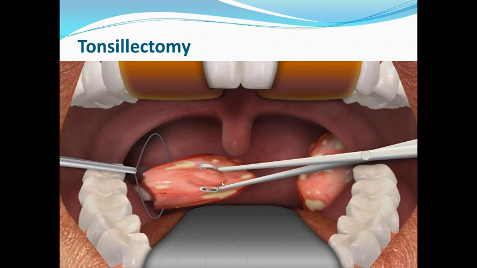So to get rid of that dysphagia, there is a surgical intervention in which we remove the infected tonsils. Complete removal of the infected or enlarged tonsils is called tonsillectomy. Tonsillectomy is usually done by the Guillotine method, which is not demonstrated here.